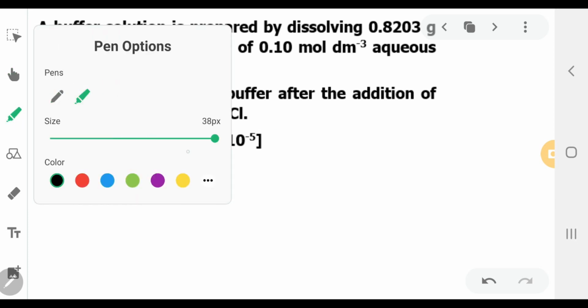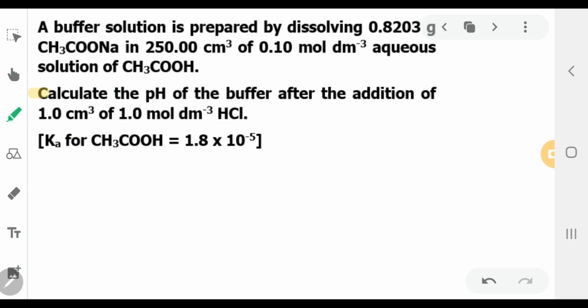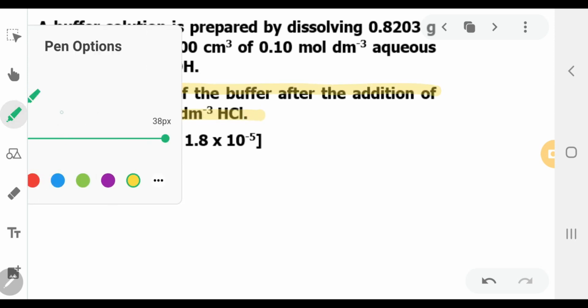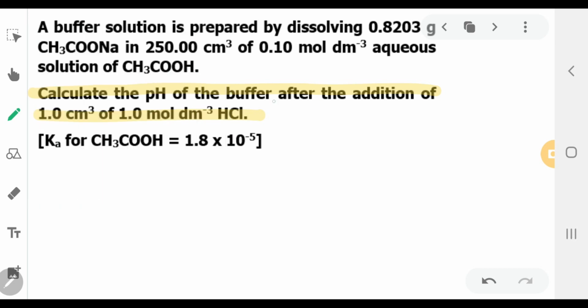Now, always remember to highlight what the question wants. So that is what the question wants. We want to find the pH of the buffer. So we're going to be using the Henderson-Hasselbalch equation, but this time we have the addition of a small amount of strong acid.